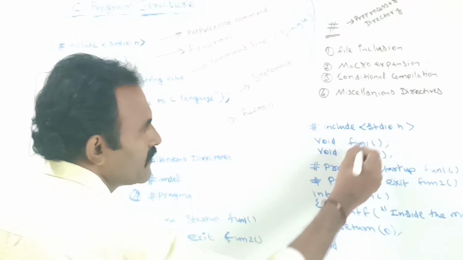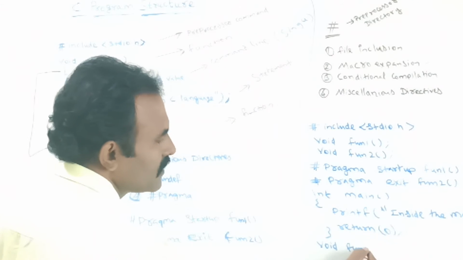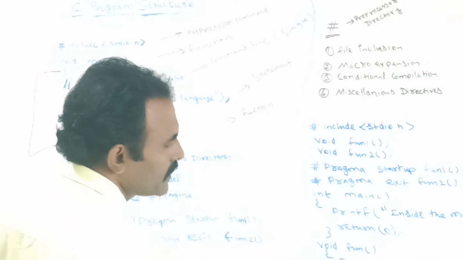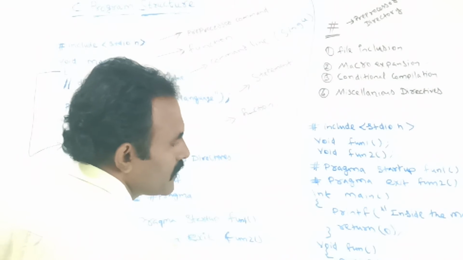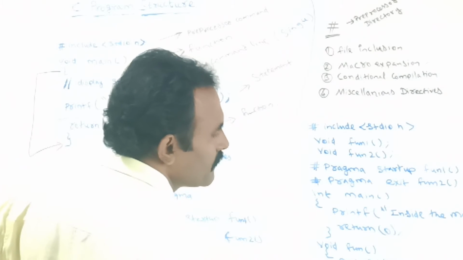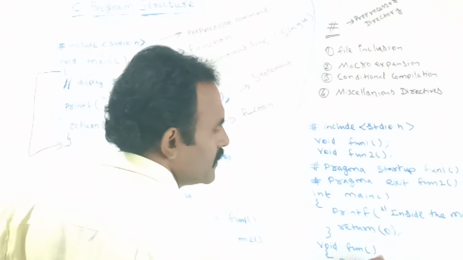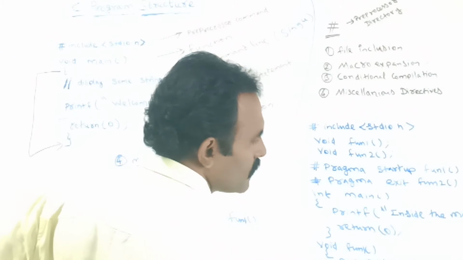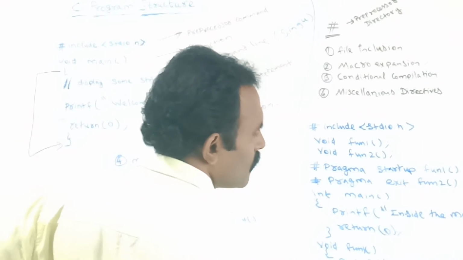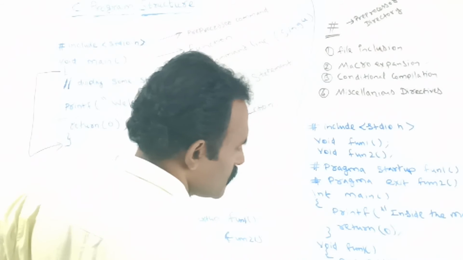Here is the function declaration. Now I am writing the definition for function 1. Here in function 1 I am just telling it to print a message with printf inside function 1. Next, close it.